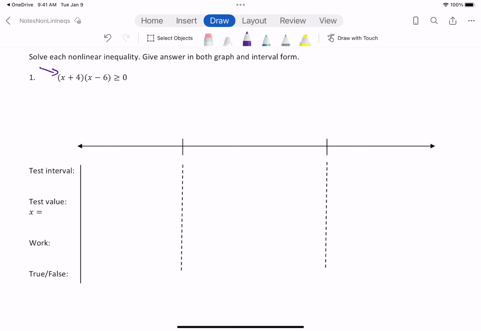And we already know from stuff that we've done previously, if I have this binomial times a binomial, and for our sakes here, we're just going to say equals 0, that we can solve or find those two endpoints by setting each one of these equal to 0. This isn't different from what we've done before.